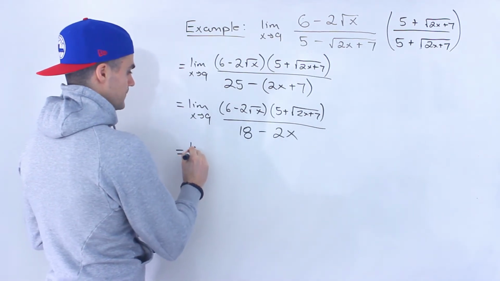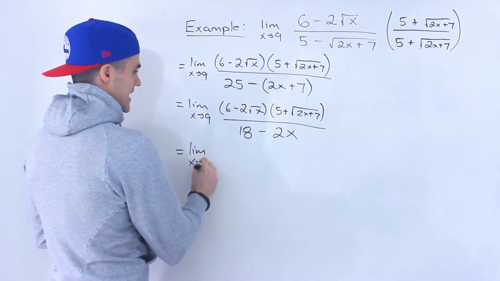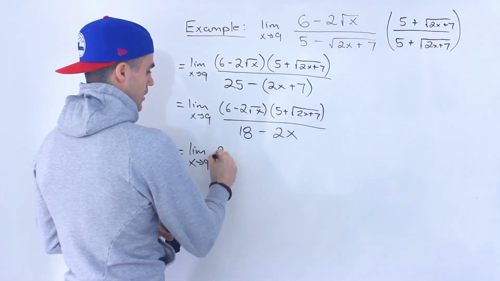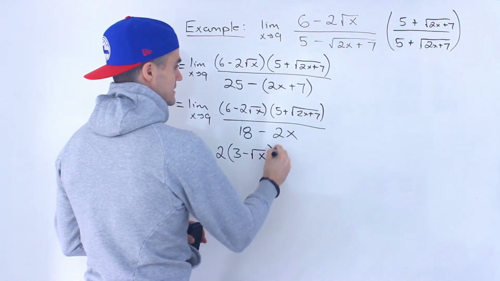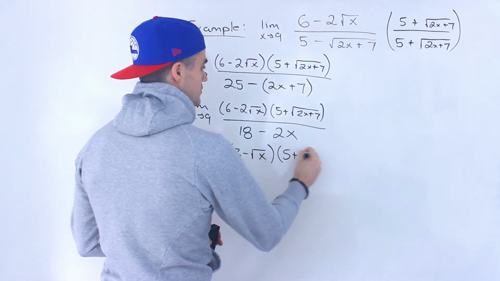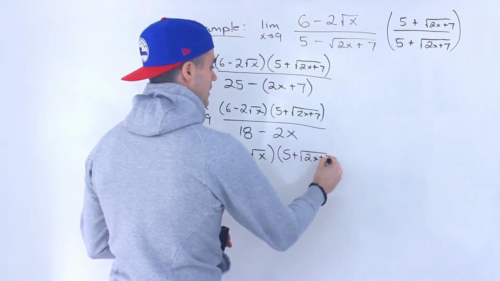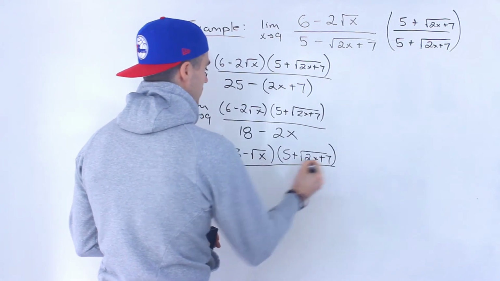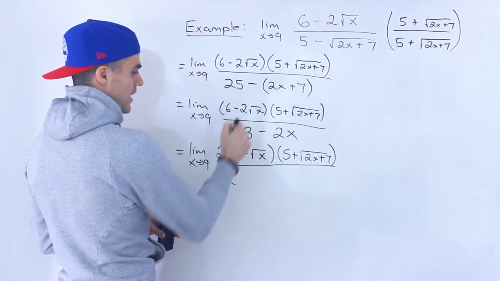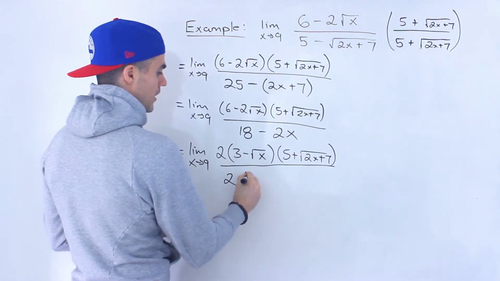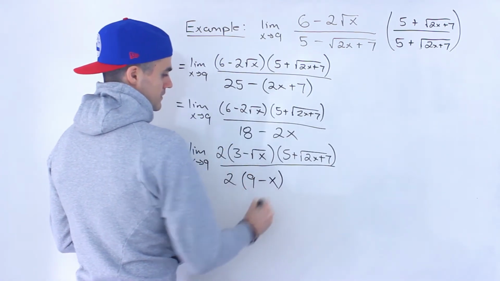What we can do is we can take out a 2 from the top. You don't have to do this step, but whenever I see any opportunities to simplify, I usually take them. So we could take out a 2 from this bracket, which I just did. We could take out a 2 from the bottom to get that.